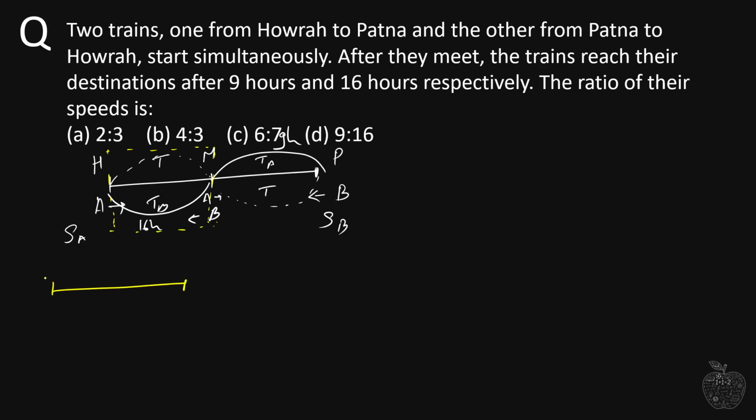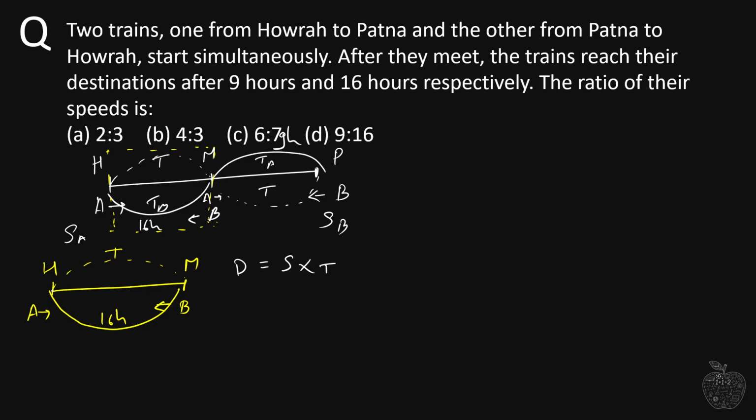So this is H, this is M. Train A is moving towards M, train B is moving towards H. Also, train A takes T time to reach M and train B takes 16 hours. Now we know that distance is equal to speed into time, right?